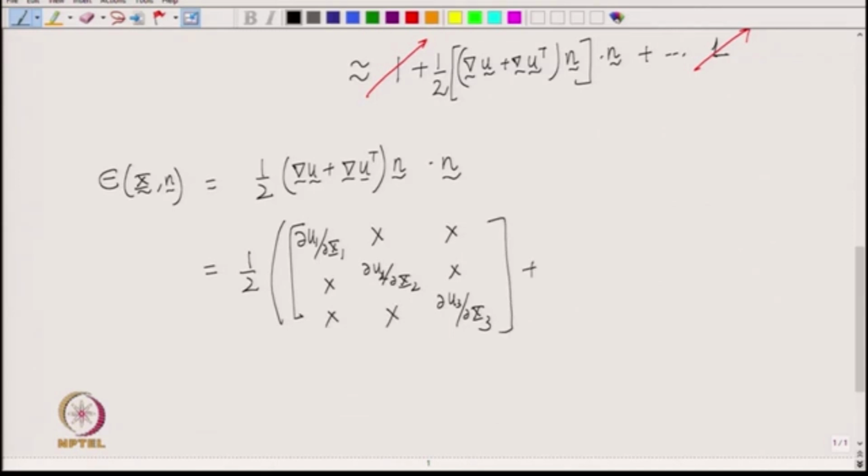Plus grad u transpose. So, the off diagonals are going to flip here, but the diagonals remain the same.